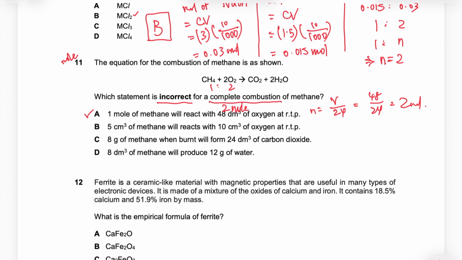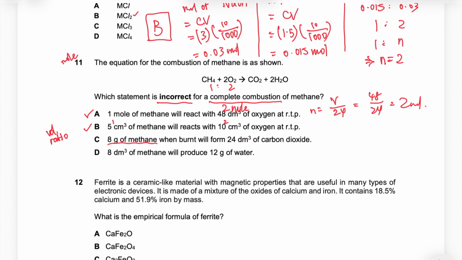5 cm3 of methane reacts with 10 cm3 of oxygen. Yes, the ratio is 5:10, so it's 1:2. You can do your volume ratio since both of them are gases, so it's true as well. Next one, 8 grams of methane when burned will form 24 dm cube of CO2. For this one you have to find the mole of methane first.